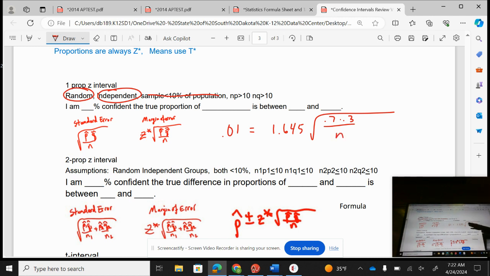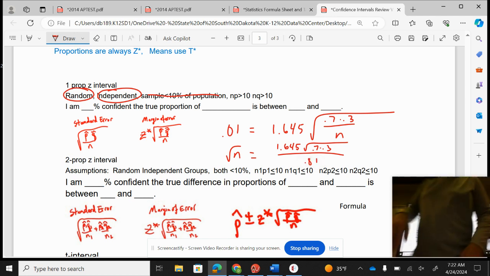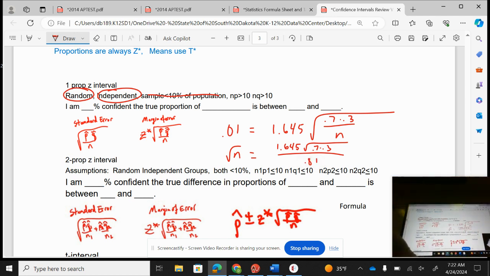So this is one of those problems where you have to solve for n. Now, typically what I did is I would multiply by the square root of n and get that over here. And then you would have 1.645 times the square root of 0.7 times 0.3 over here. And then we turn around and divide by 0.01. Okay, so we'll do that.